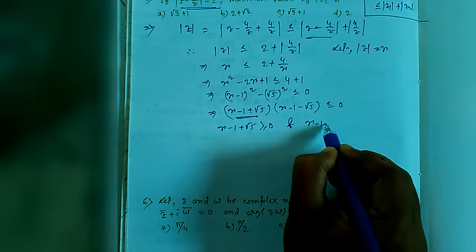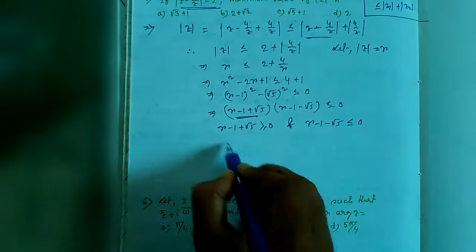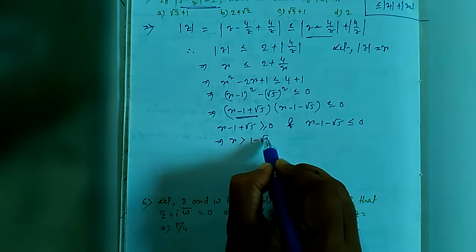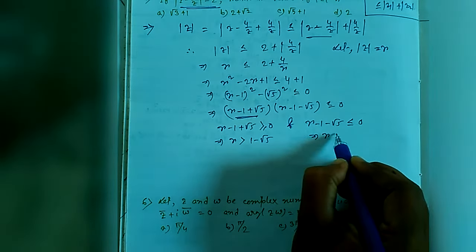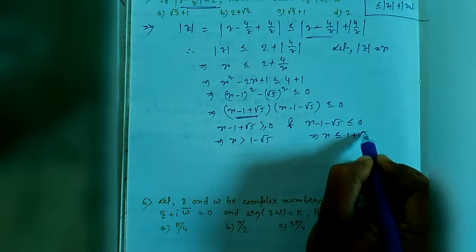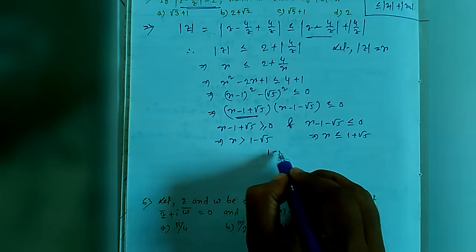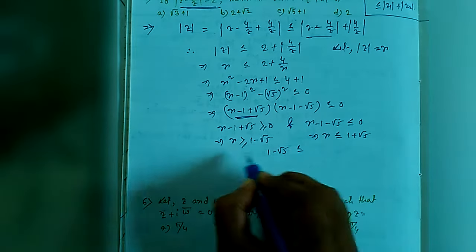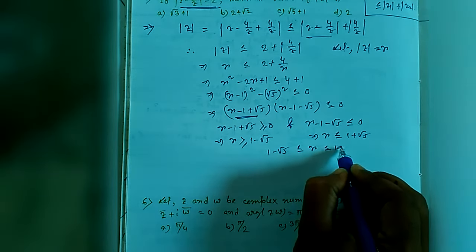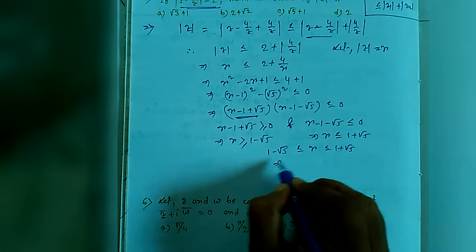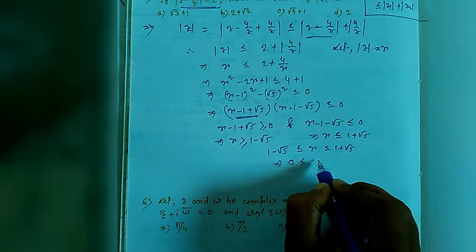This is less than 0. So from this r is greater than 1 minus root 5, and from this r is less than 1 plus root 5. So from these two relations we write, but r is always positive, so this must be 0 less than r less than 1 plus root 5.